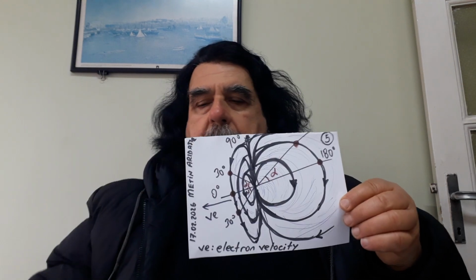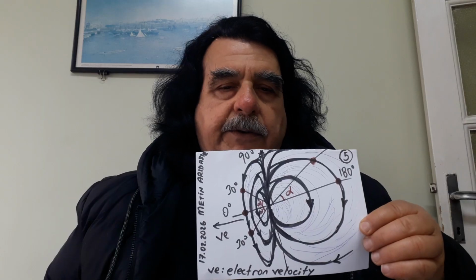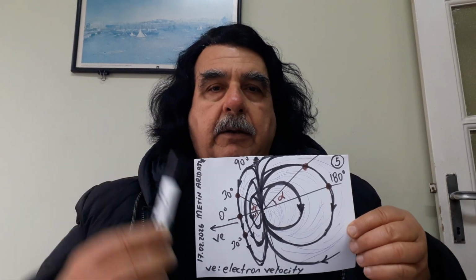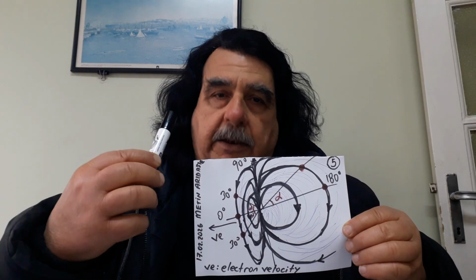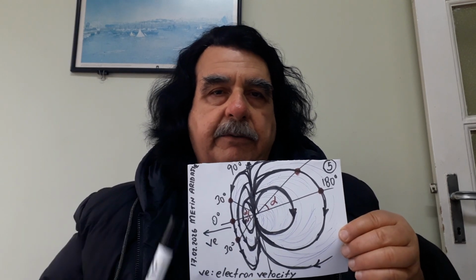I hope you see. When an electron is in motion, for each point, wavelength, wave velocity, light wave velocity, mass, energy, etc. change.